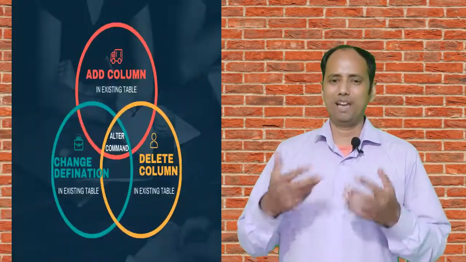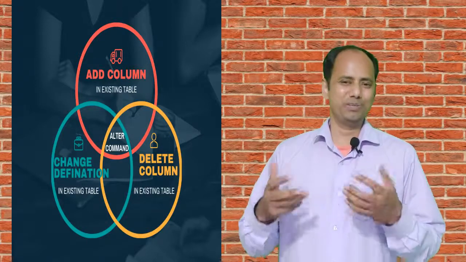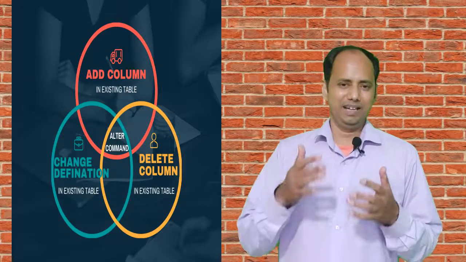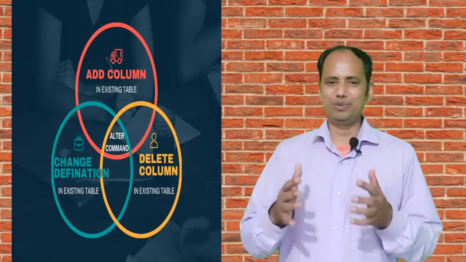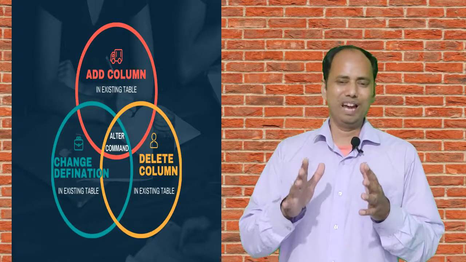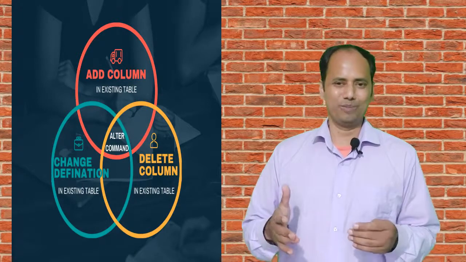And let me talk about the next command, which is alter. Alter means we have made a table, and in an existing table we want to do some changing. So for that we use the alter command. And the alter command is basically used for three purposes. Number one, we have an existing table and there we want to add one more column.